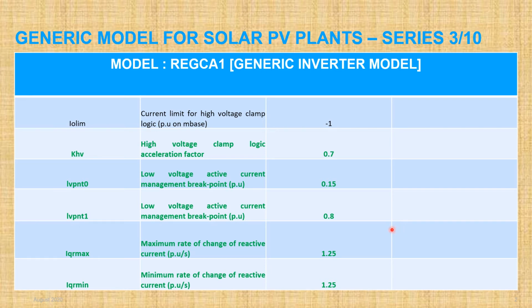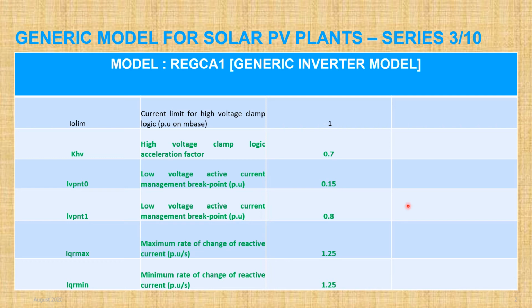I'll go to the next slide. Here also you can see certain parameters are highlighted in green. Those parameters you basically need to set. Here, LVPNT0 and LVPNT1 are basically the low voltage active current management and reactive current management breakpoints.